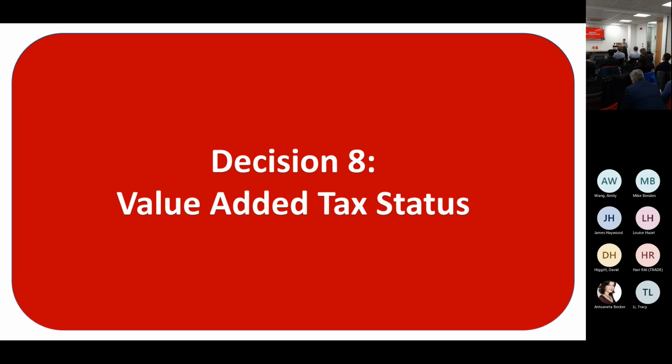Value-added tax. You need to understand whether you're going to be a small-scale taxpayer or a general VAT taxpayer. Small-scale taxpayer basically means that you cannot offset the VAT on purchases that you have made. As a general VAT taxpayer, you can offset the VAT from purchases. Okay, you might have just heard, we are a small-scale taxpayer.